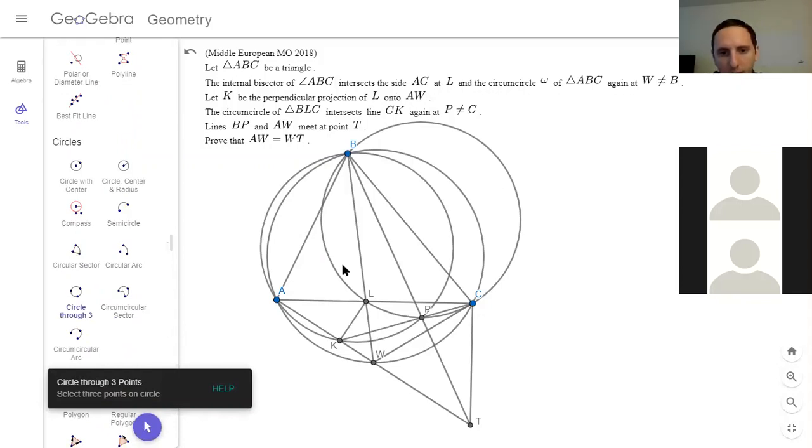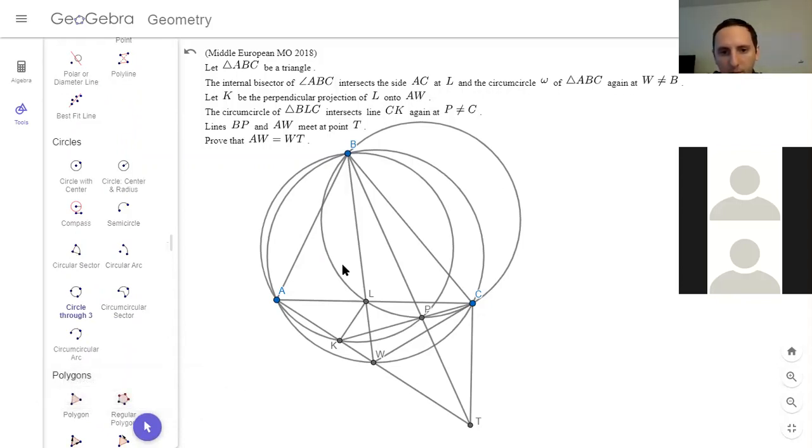So BPK is similar to BCW. That means BKW. Wait, is that true?